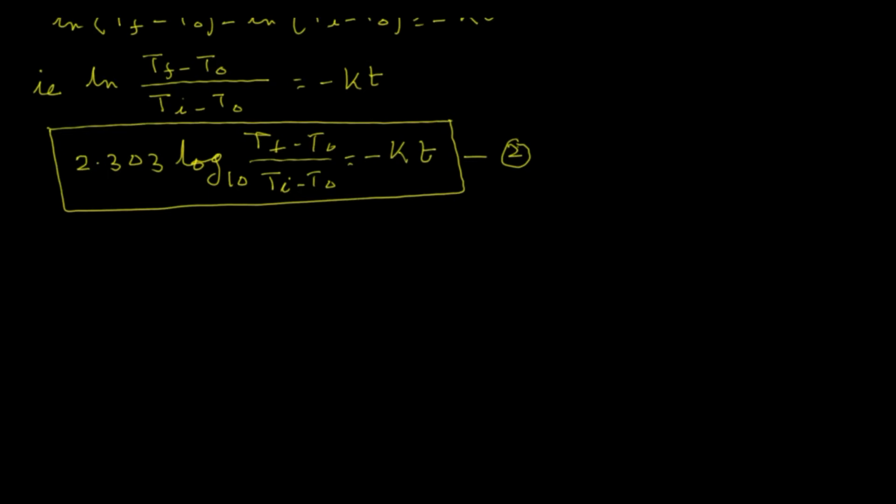I will now go ahead and show you how we use this knowledge to predict the temperature of a hot body at any given time. For this, we take the following example.